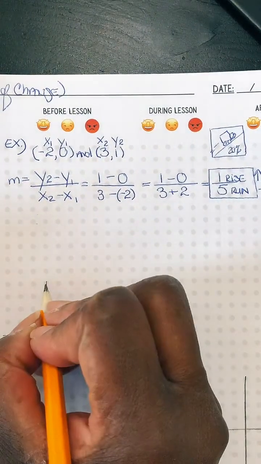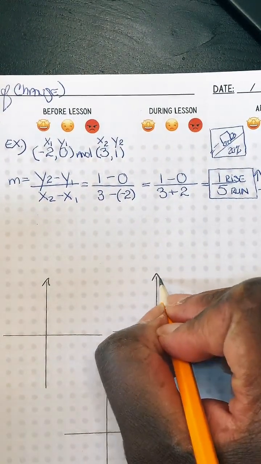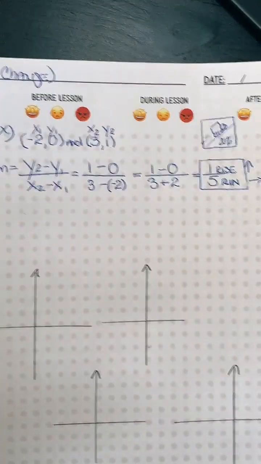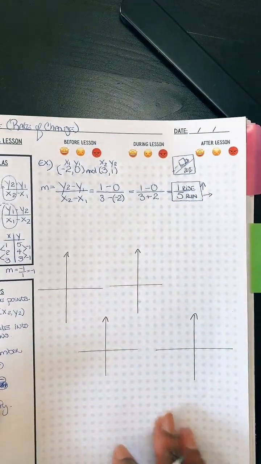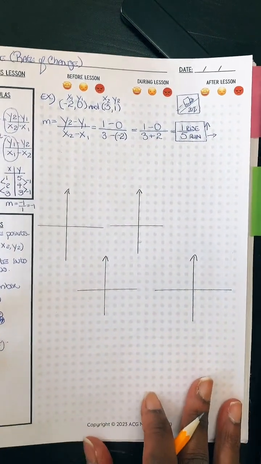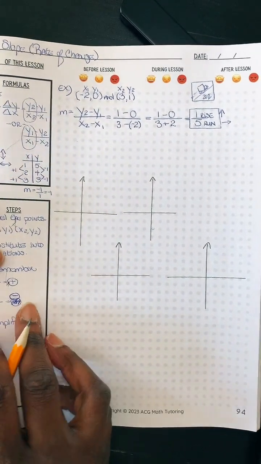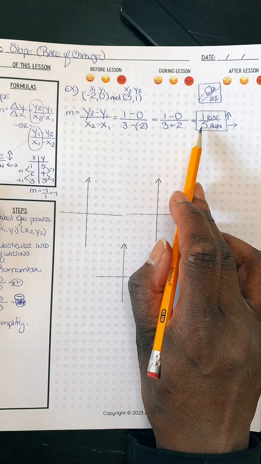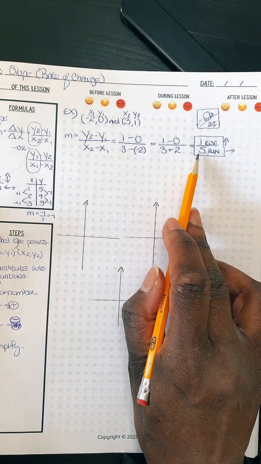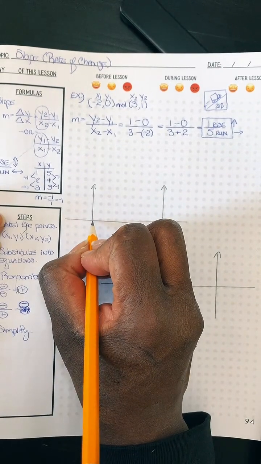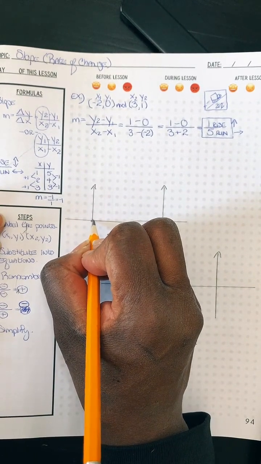All right, so we have 4 different types of slopes. Let me shrink that down. I can use this 1/5, okay? We always have a starting point, so I'm going to start here at the origin.